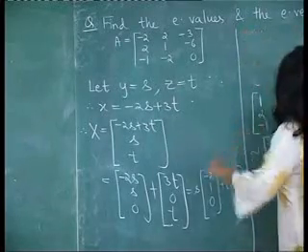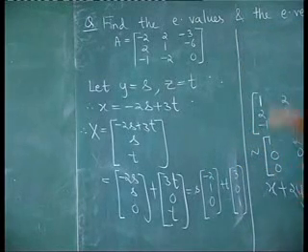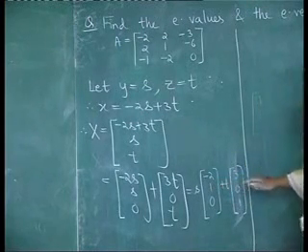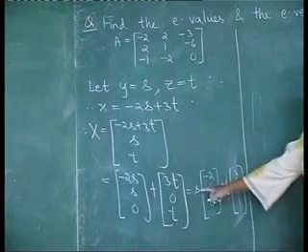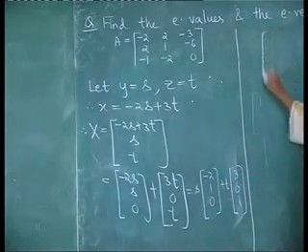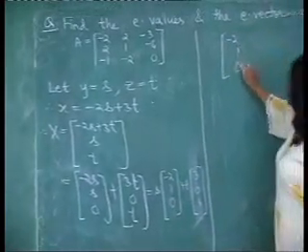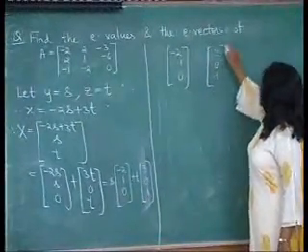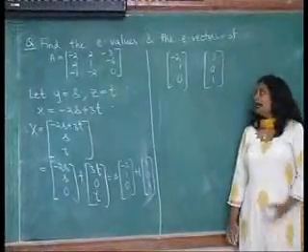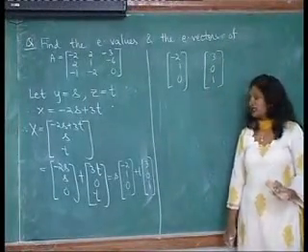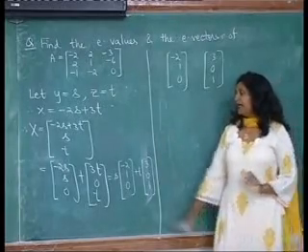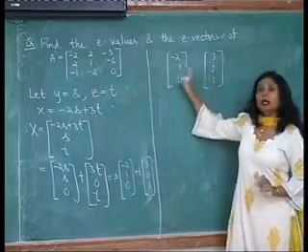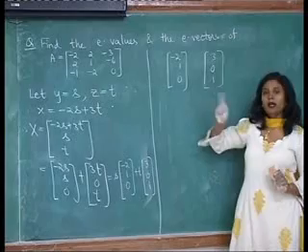Now, for different combinations of s and t, I'll get different eigenvectors, and the two eigenvectors that I'll get, one combination is put s equal to 1, t equal to 0. So I'll get (-2, 1, 0), and put s equal to 0, t equal to 1. I'll get (3, 0, 1). Now I don't want to go into the pure mathematics of this, but keep in mind that if you have two free variables, you will get two linearly independent eigenvectors.